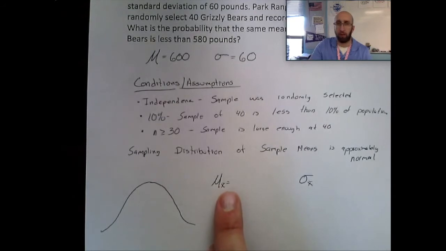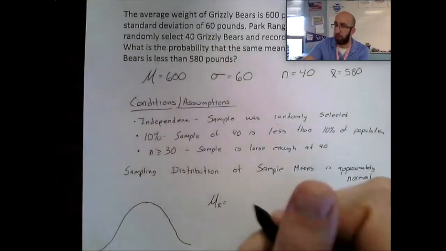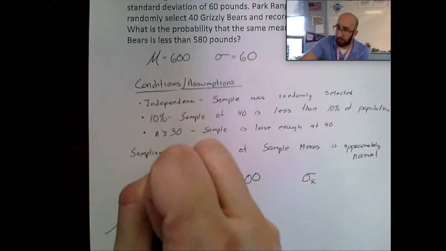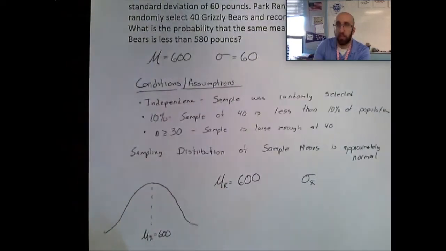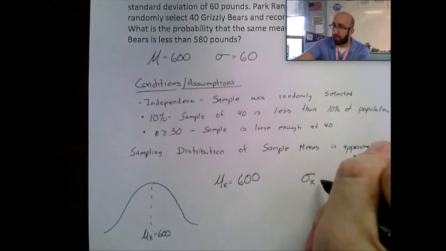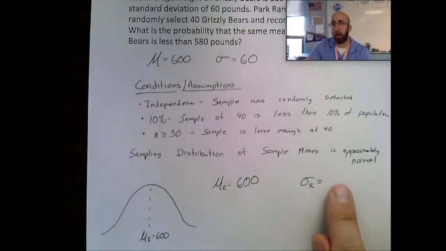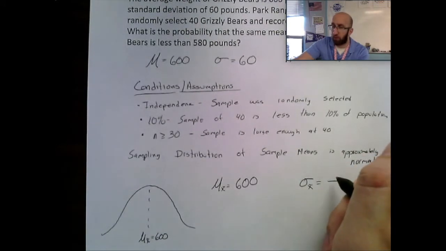We talked about mu of x bar: the center of my sampling distribution is just mu, so it's 600. I can label that the center of my sampling distribution is 600. The standard deviation of my sampling distribution of sample means is the population standard deviation divided by the square root of the sample size.